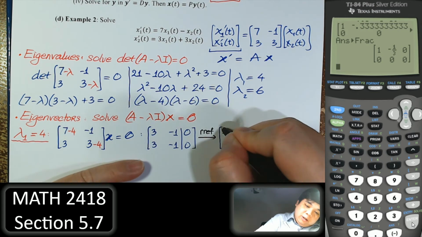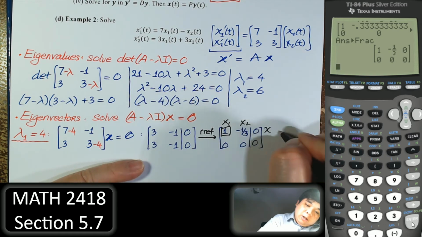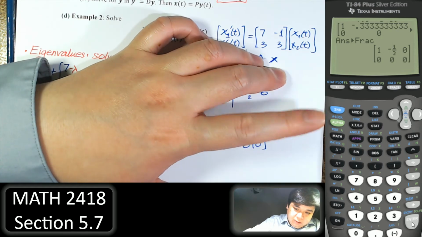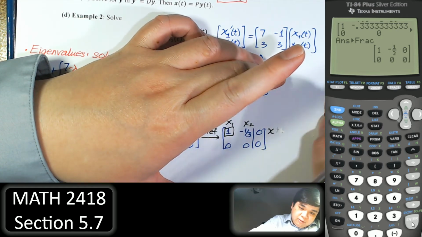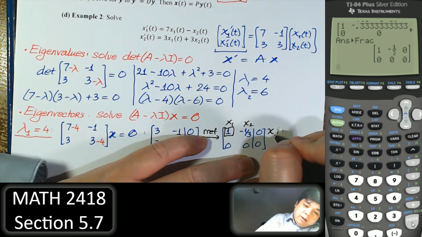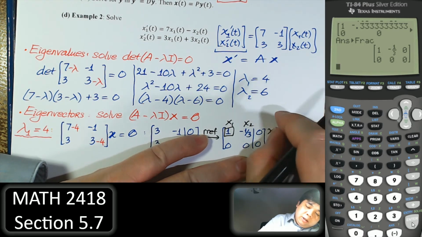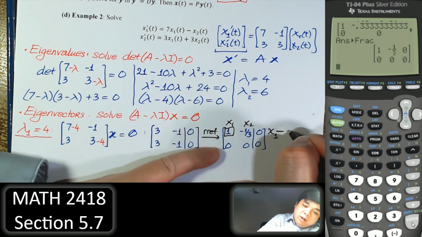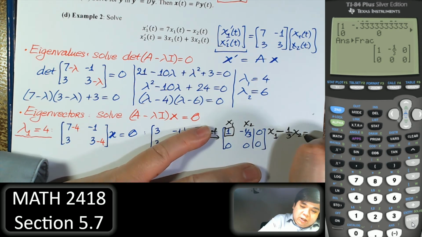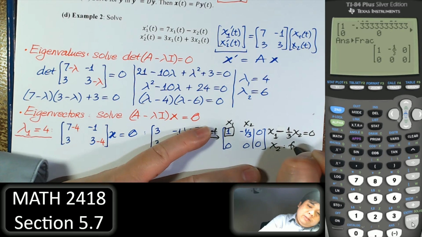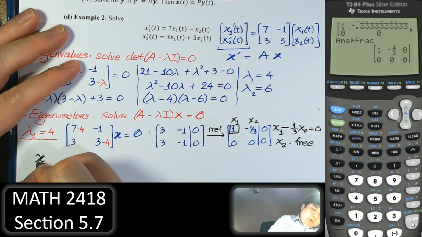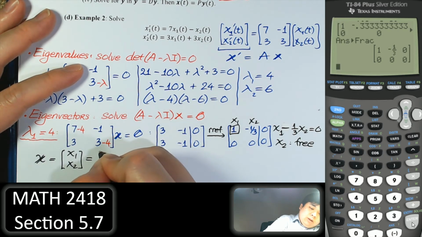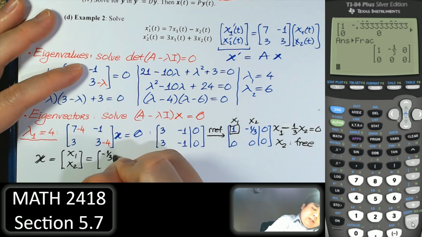So x1 minus 1 over 3 x2 equal to 0 and x2 is free. Right. So we write a solution. x1 is 1 over 3 x2.